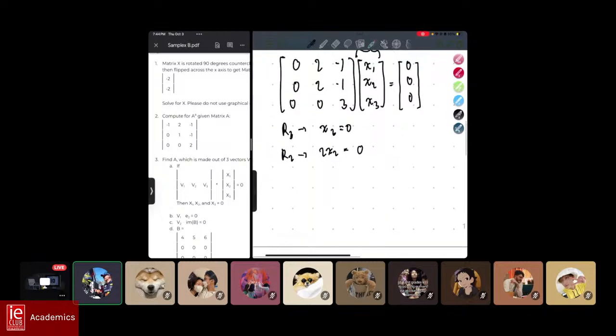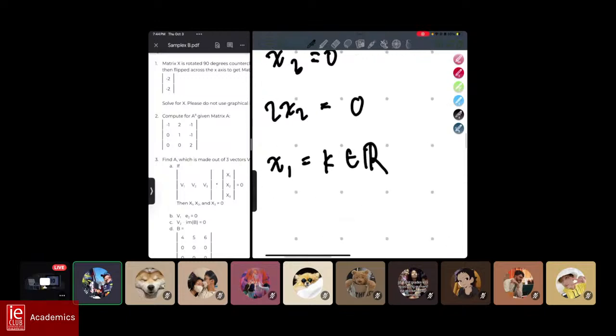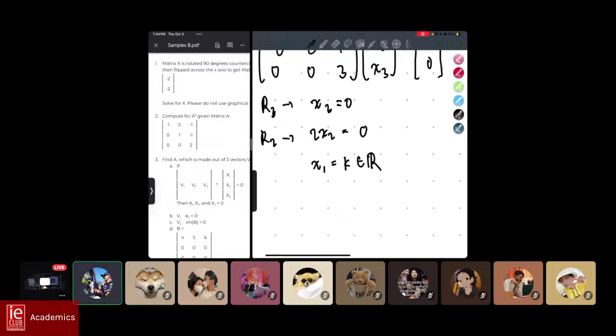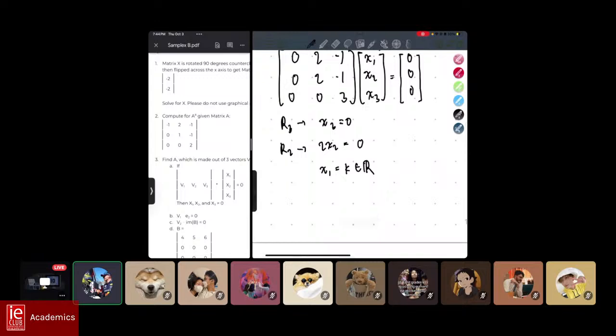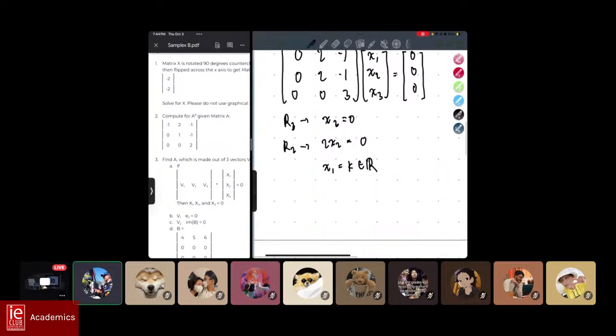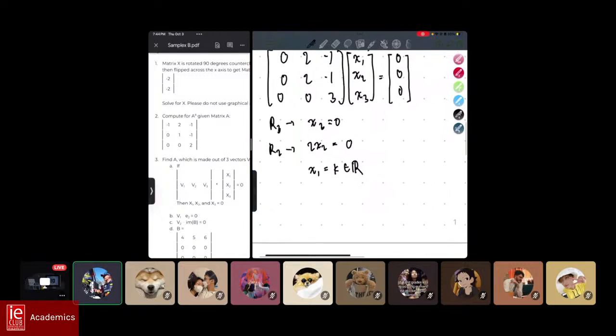What this suggests, from R1, from any of them actually, is that x sub 1 is basically any number k such that k is a member of the set containing real numbers. All that fancy jargon just to say that k can be whatever number.